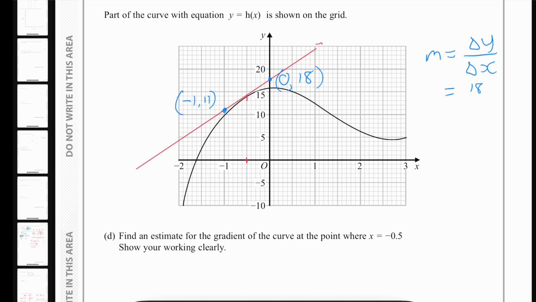So I've got 18 minus 11 over 0 minus negative 1. Just be careful, don't let that one catch you. So that's 7 over 1. So my gradient is 7.